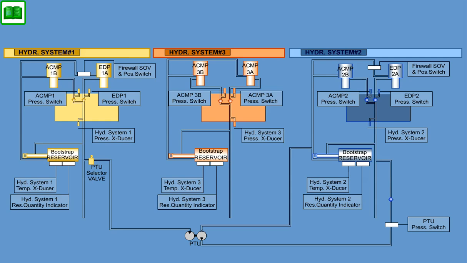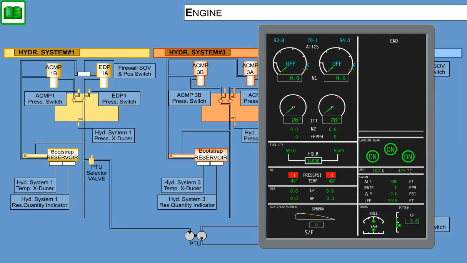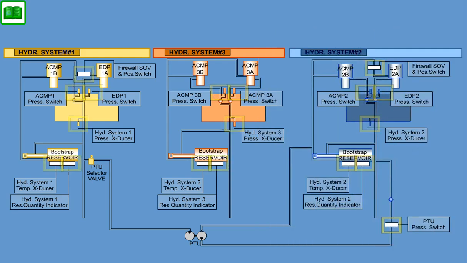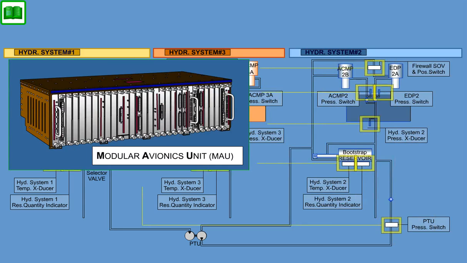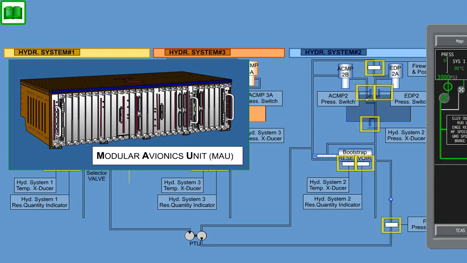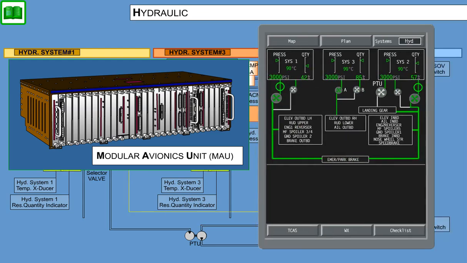Crew alerting and hydraulic system condition indicating is achieved via the Engine Indicating and Crew Alerting System, ICAS. Various sensors are installed in the hydraulic system which provide information to the MAUs in order to display the hydraulic system performance parameters on the hydraulic synoptic page, HSP, of the multifunction displays, MFD, in the cockpit.